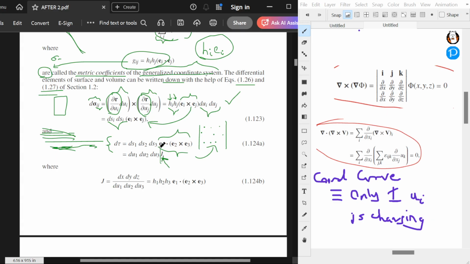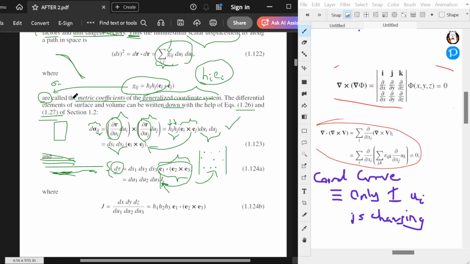So that's what this is here. The differential volume element, which I assume that's what this is. Yeah, that's what they're talking about. Equal ds1, ds2, ds3. And then you just combine these guys.